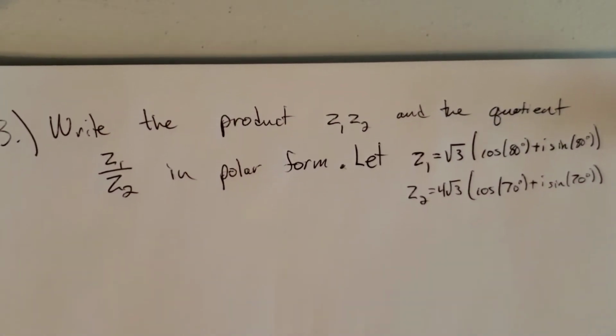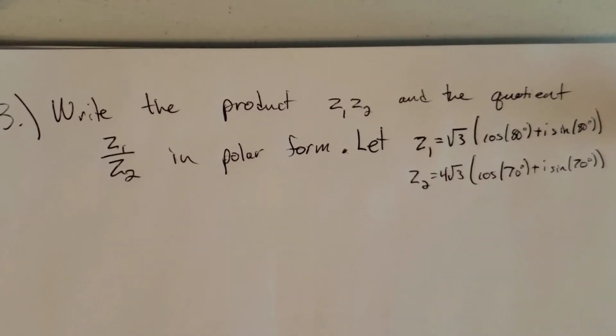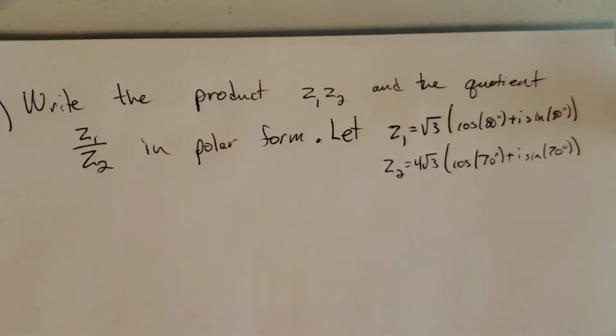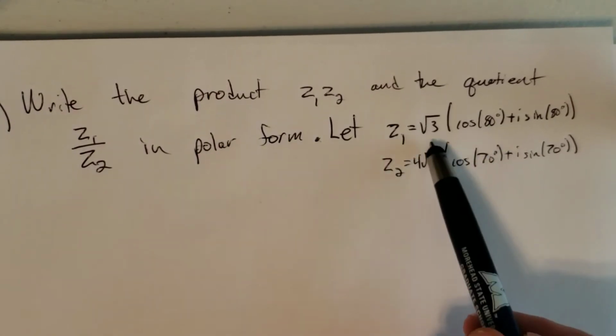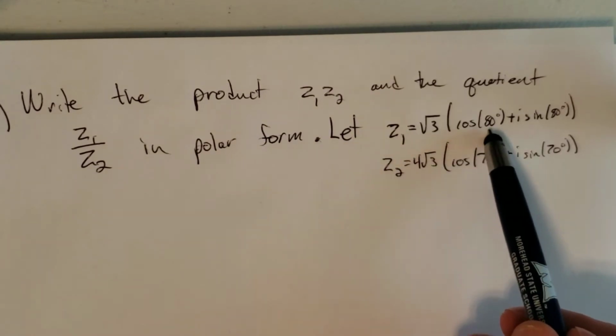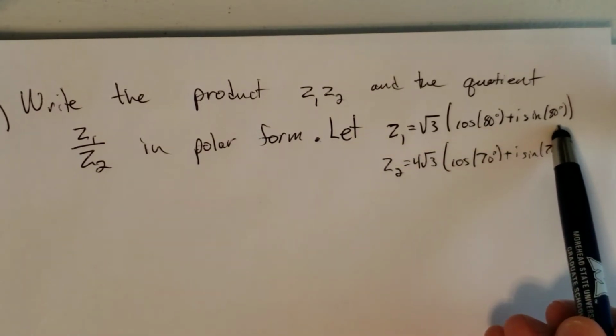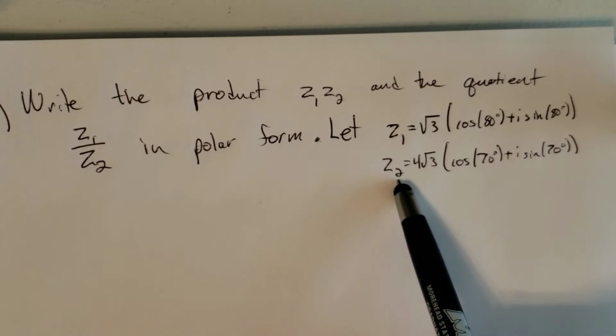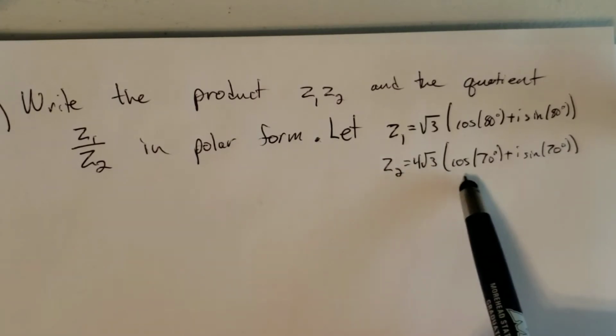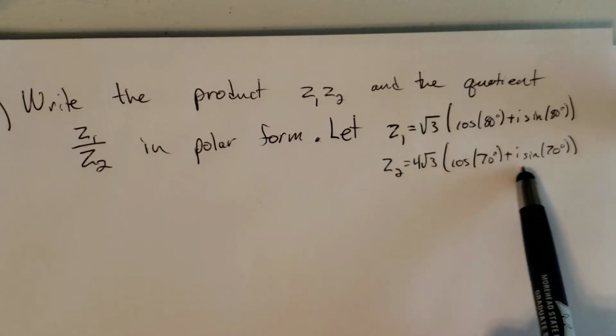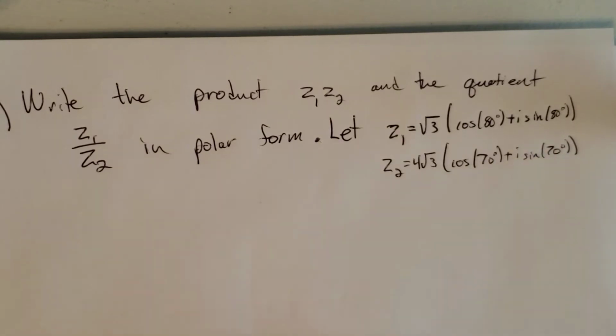So in this last question, we want to write the product z1 z2 and the quotient z1 over z2 in polar form. And we're given z1 and z2 here. z1 is the square root of 3 times cosine of 80 degrees plus i sine of 80 degrees. z2 is 4 square roots of 3 times cosine of 70 degrees plus i sine of 70 degrees.